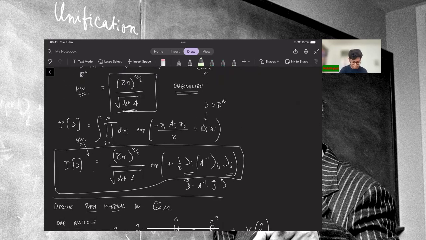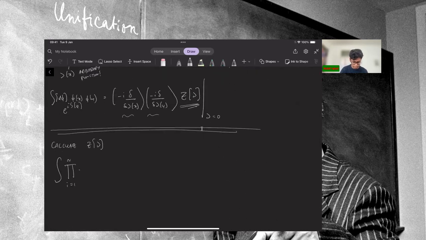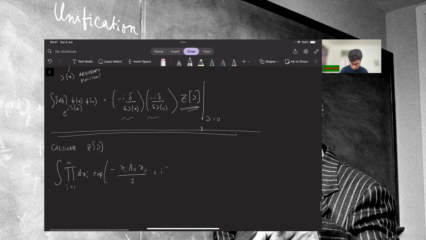So there's an integral that I wrote a while ago, which I'll just repeat here now. The integral of dx_i, of exponential of minus one half x_i A_ij x_j plus i J_i x_i.